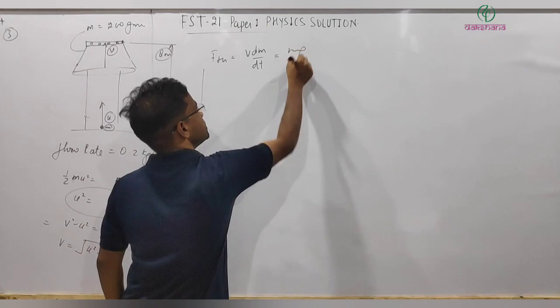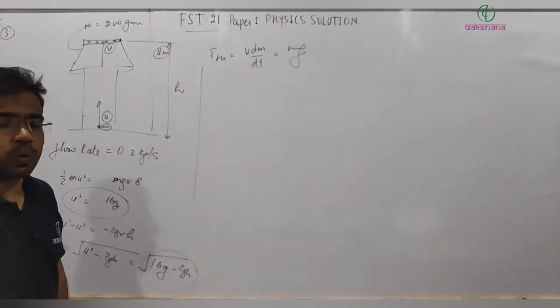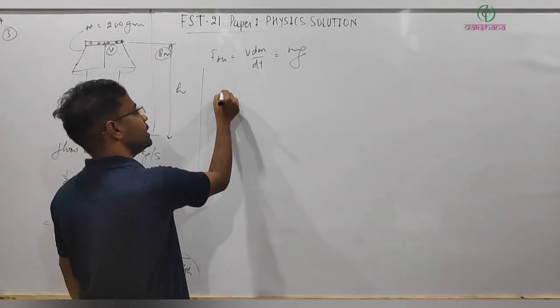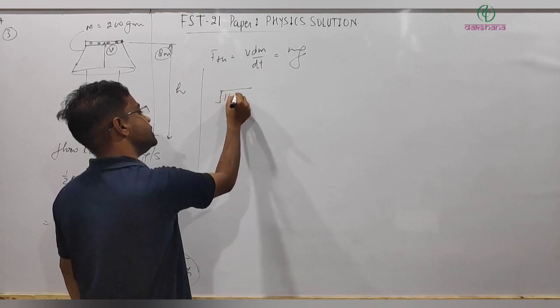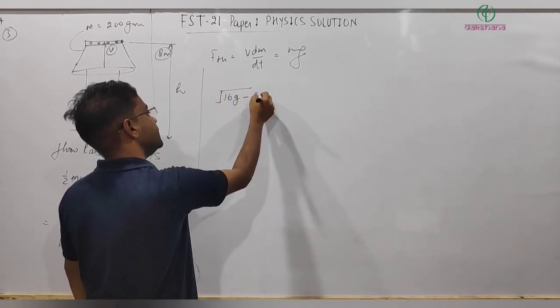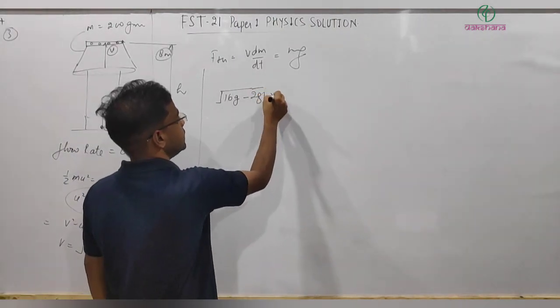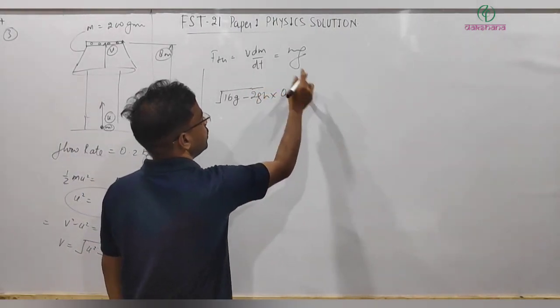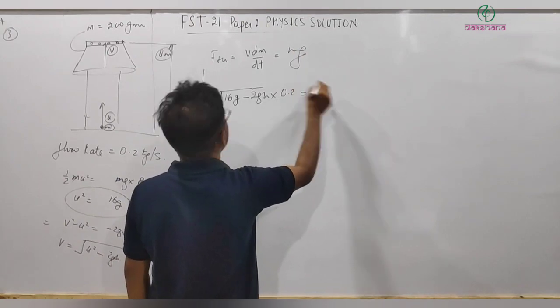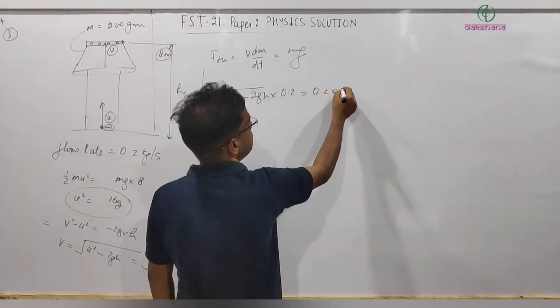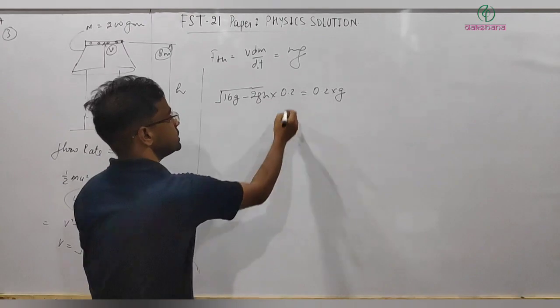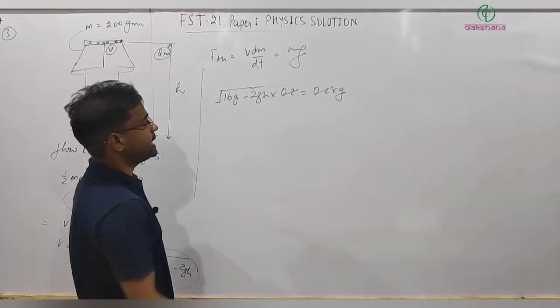This thrust force must balance the weight of this cone. So v is under root 16g minus 2gh into dm by dt 0.2, and here m is 200 gram, meaning 0.2 into g, right? So this 0.2 and 0.2 simply cancel out.